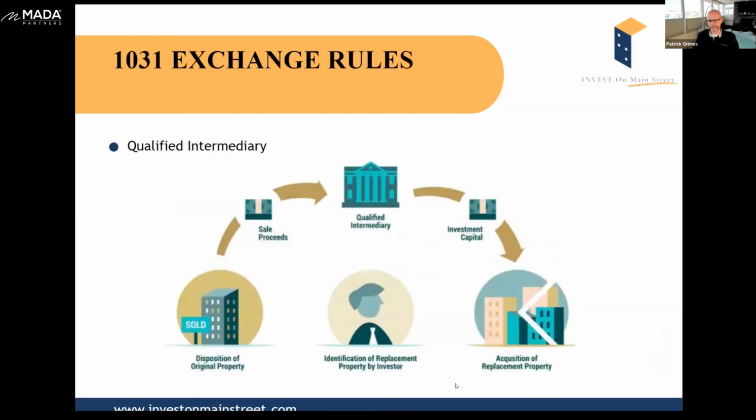But I've also heard from people, hey, I sold the property, I want to exchange, but they didn't get a qualified intermediary. You never take possession of the investment. The sale proceeds go directly from the disposition to the escrow account of a qualified intermediary. And then from there, it goes not to the same account that our limited partners put their funds in.